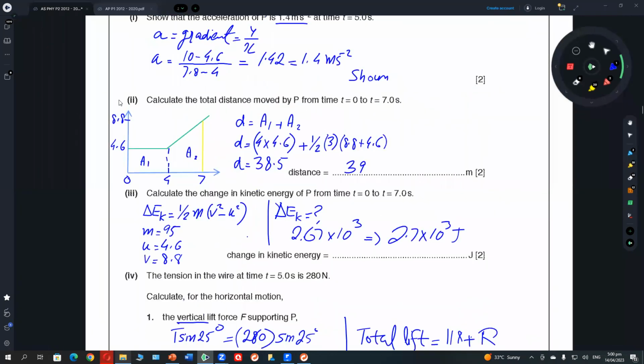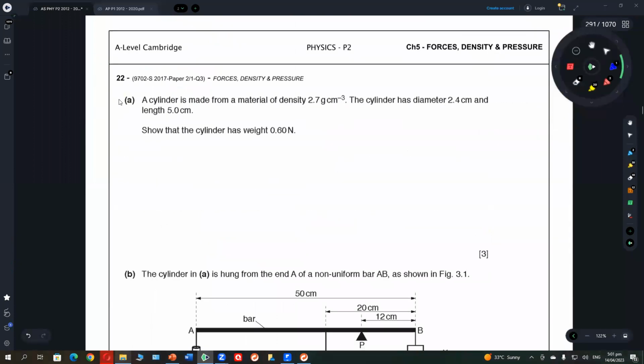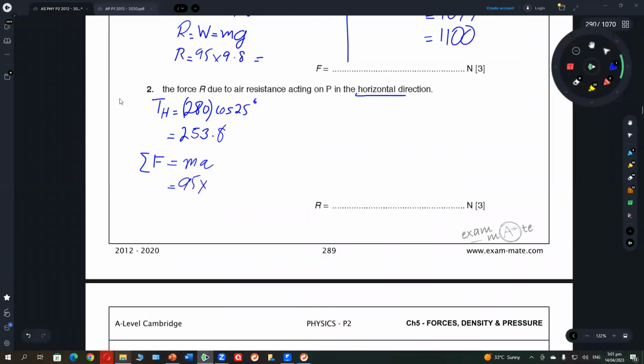How much was our acceleration? 1.4. So if we model this apparatus as this, it's going in this direction. This is the reaction force. This is T horizontal plus backward resistance. This is the resultant.